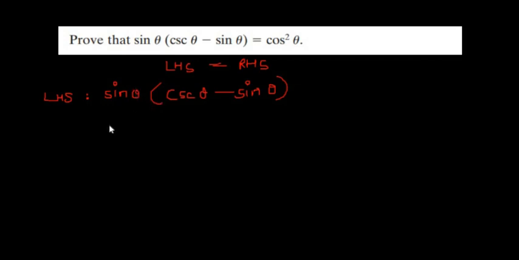So there is a sine theta, I will keep it the same way, I'm not going to change it. So sine theta, and cosec theta I can write as 1 over sine theta. Let me put the bracket, and minus sine theta.